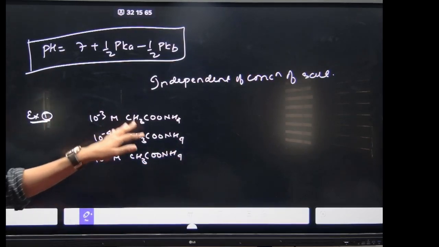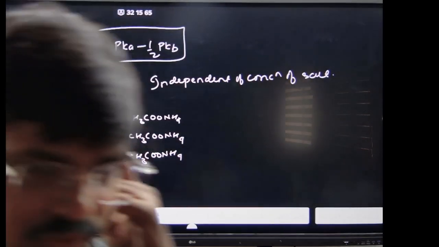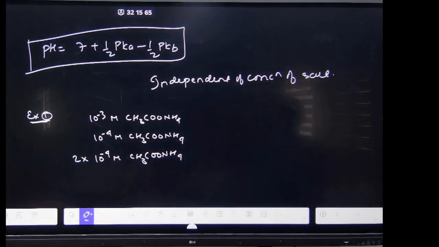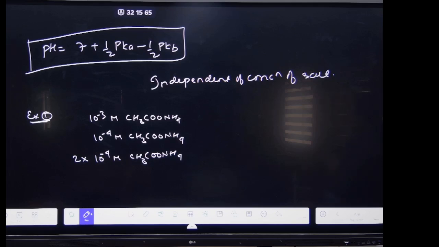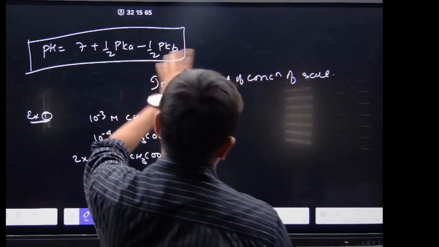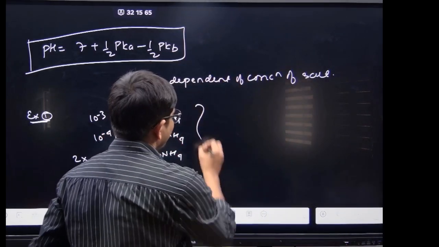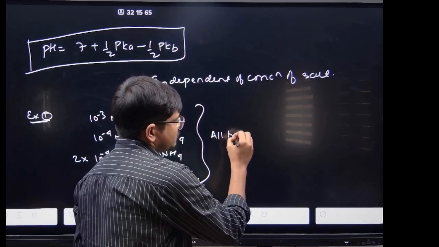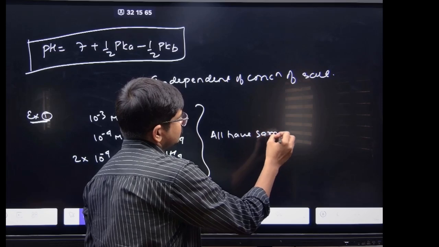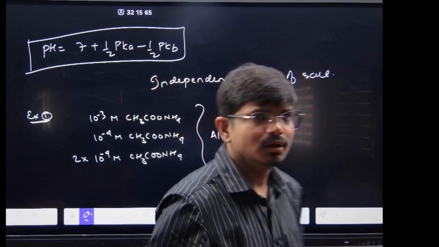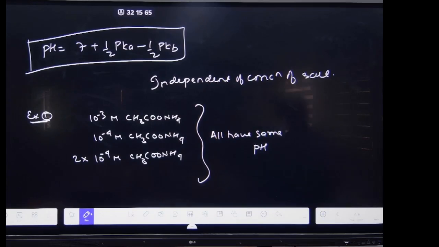All will have the same pH values, because that is independent of the concentration of the salt, right? And you know that the value of pKa and pKb does not depend on the concentration, for the acid as well as for the base. So for a particular temperature, the pKa and pKb will be the same. So all will have the same pH. Got it?